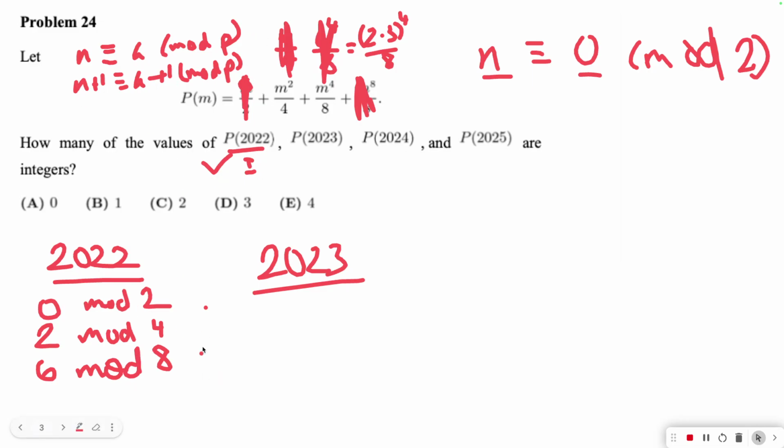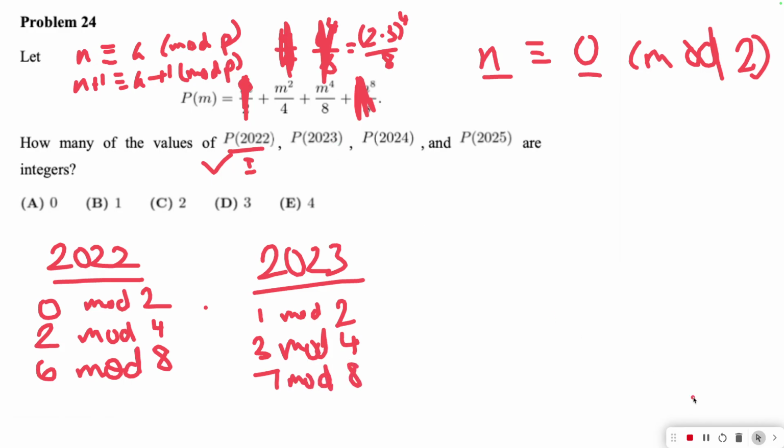And if the remainder was 7 and then became 8, then we can just subtract an 8 and have 0. So 2023 would become 1 mod 2. Clearly it's odd, so it'd be congruent to 1. And then it would be congruent to 3 mod 4. And then it would be congruent to 7 mod 8.